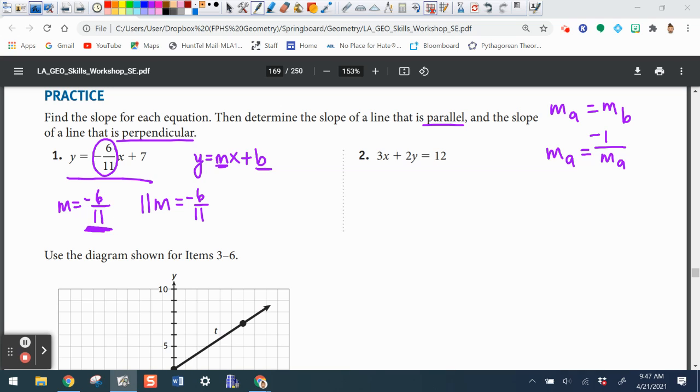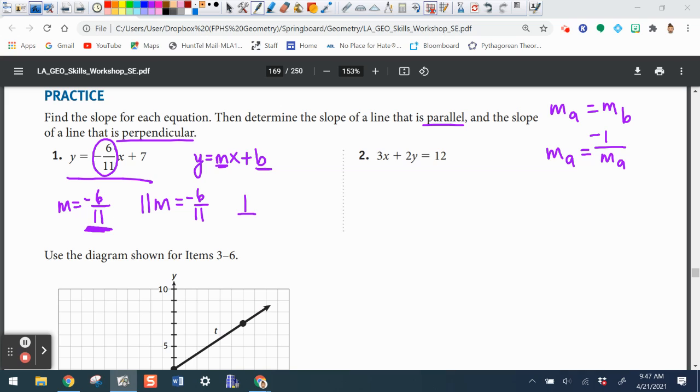Now, the perpendicular slope, think about it, two lines that are perpendicular have to intersect to form a right angle. So they can't have the same slope. That would actually cause them to be parallel and they wouldn't intersect, but they need to intersect in a precise way to form 90-degree angles.